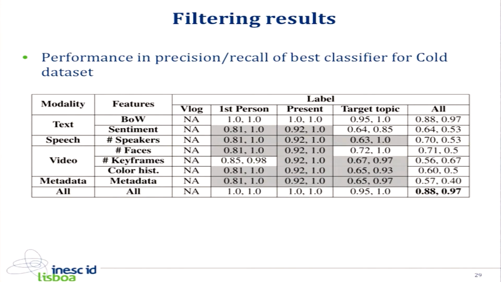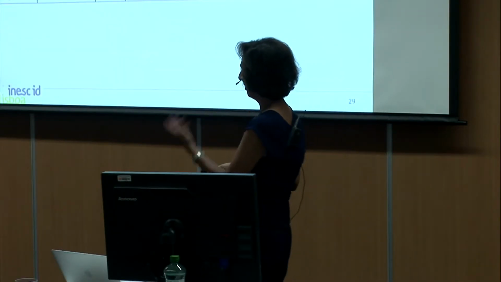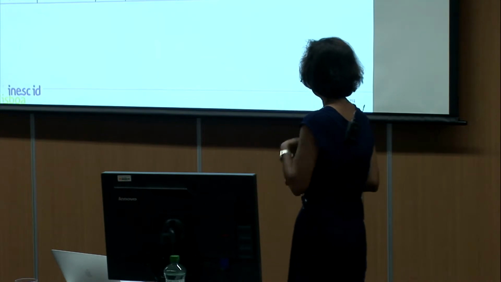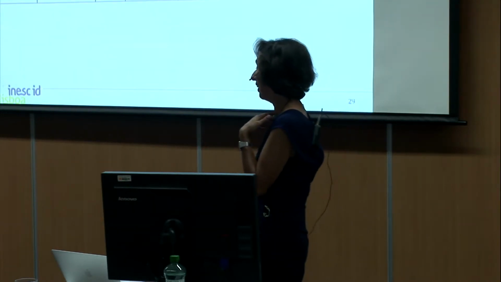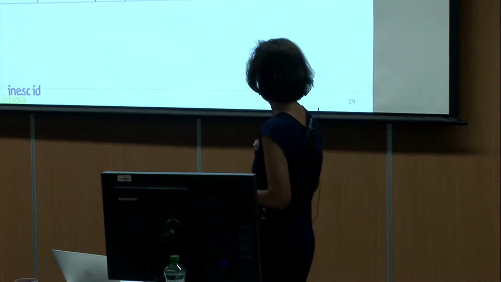The most interesting thing here is to see that with only the bag of words in the transcription, we could do almost everything. So it was much more robust than the number of speakers, the number of faces, anything that we could say intuitively may make a difference. No, the bag of words did it all.